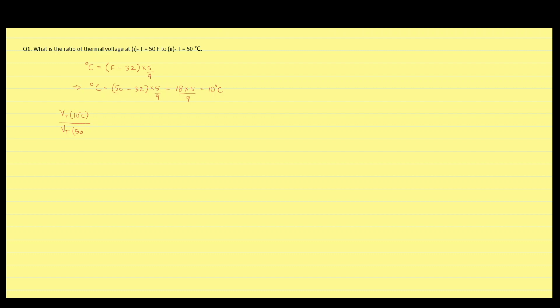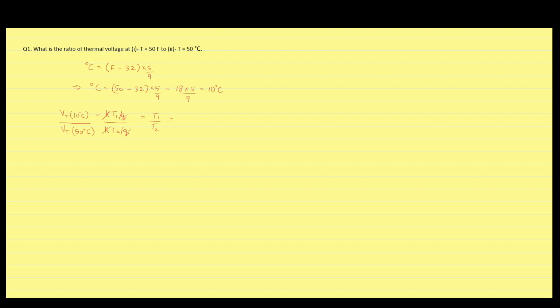Now we have to find the ratio of thermal voltage at 10 degrees Celsius to thermal voltage at 50 degrees Celsius. And we know thermal voltage is equal to kT divided by Q. K and Q will cancel, which will give T1 upon T2. And you should know that temperature in thermal voltage is always taken in Kelvin.